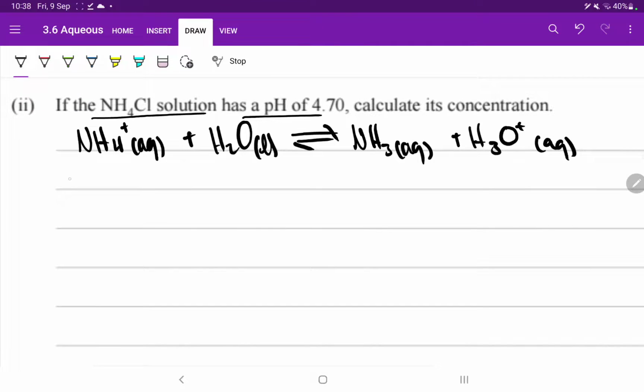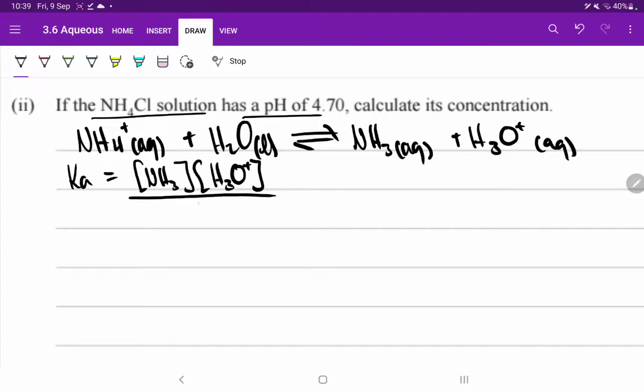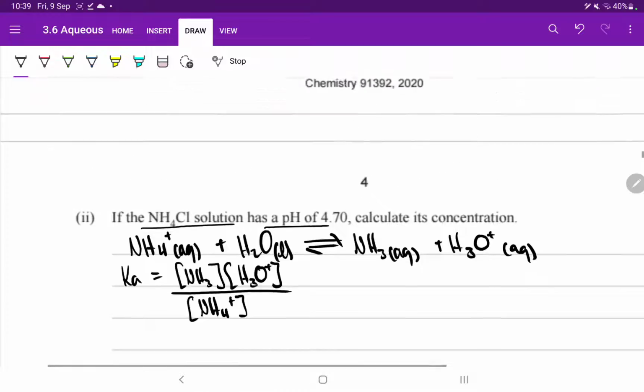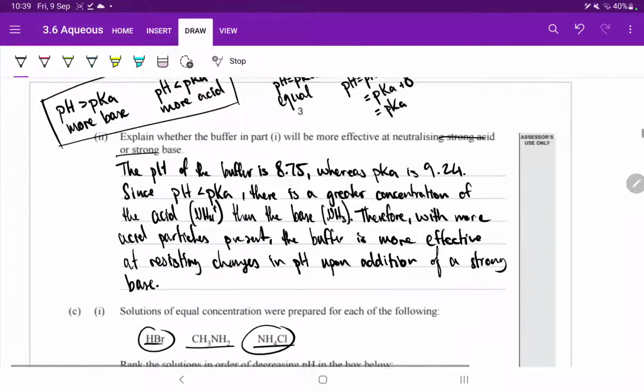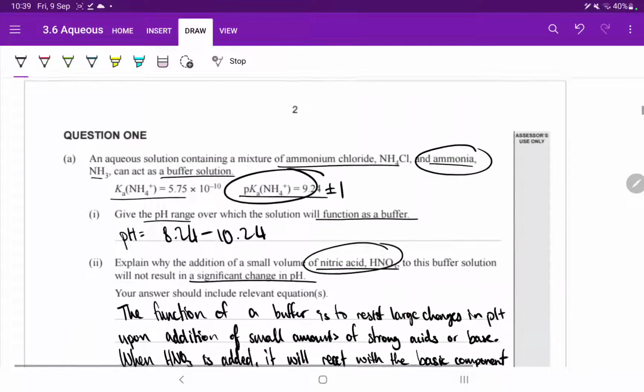And so we can write Ka is equal to NH3 times H3O plus divided by the concentration of NH4 plus. And I'm sure we're given it in the question.